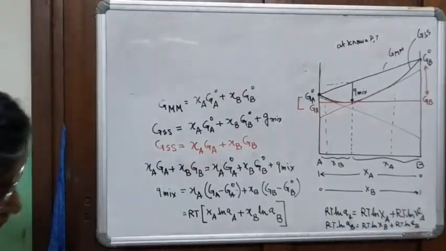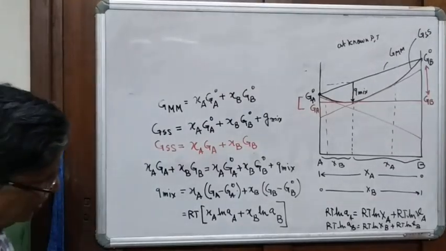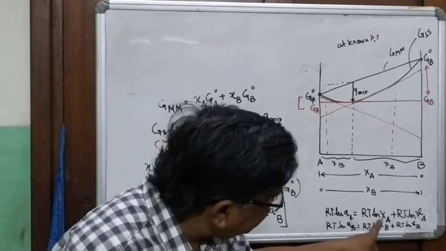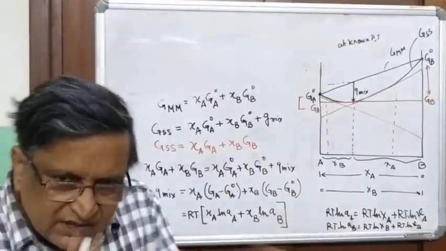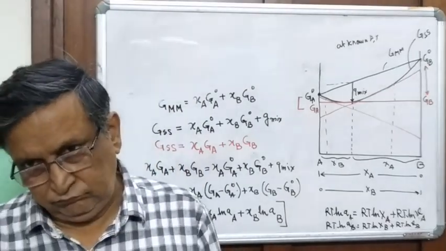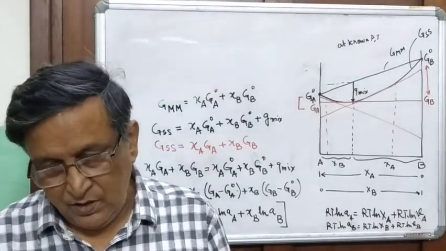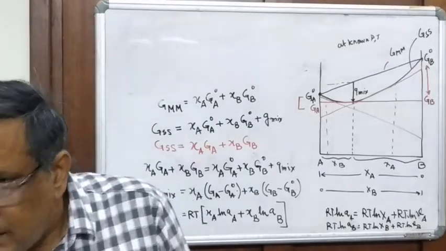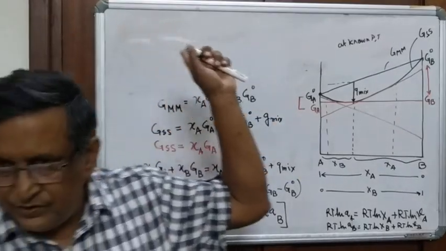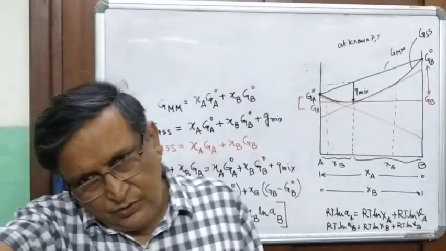Now, we need to understand a little bit more of this. What is RT ln XA? Let us assume RT ln gamma A is 1. Let's say RT ln gamma A is 1. It means it's an ideal solution. Yesterday I talked to you about it. Where gamma is equal to 1, it's called an ideal solution.